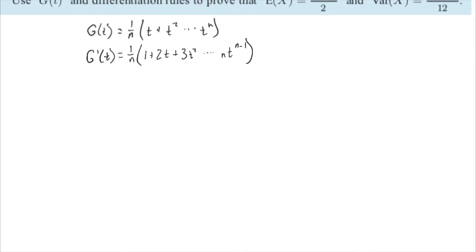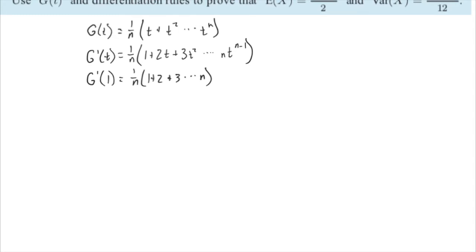Right? Okay, now I'm going to go ahead and put in the 1. At first, the thought is, yeah, but how am I going to work with all that? Well, remember, you don't have to work with all that, because what we need is the first derivative at 1. So it'll be 1 over n times 1 plus, oh look, if I put a 1 in for t, then I get 2, plus 3, all the way up to n.